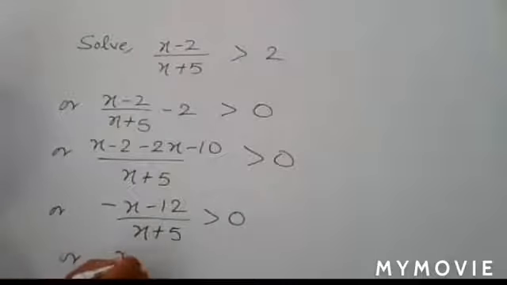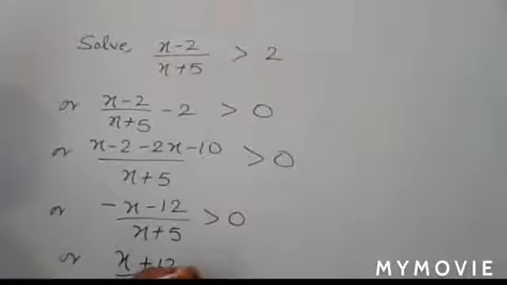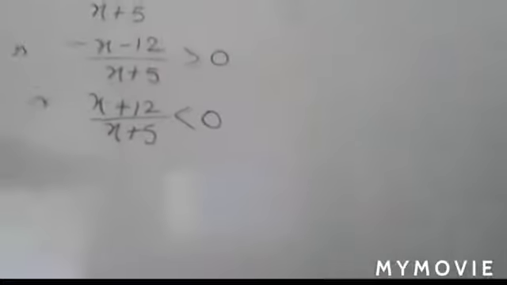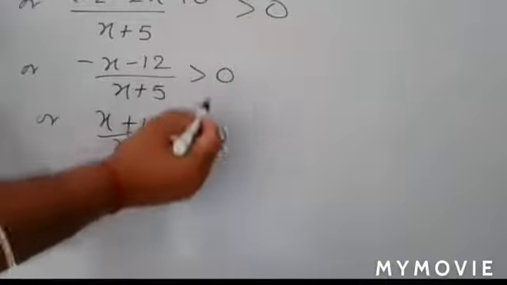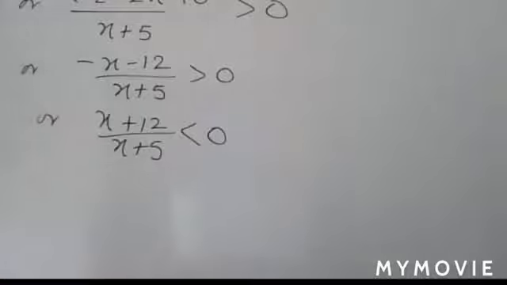If you take minus common and remove it, this inequality sign is also changed. So you write (x plus 12) upon (x plus 5) less than 0. This inequality sign is also changed here. Is this step clear?